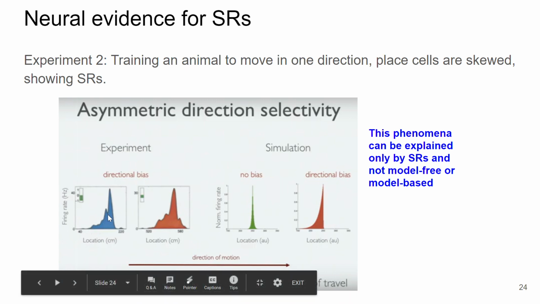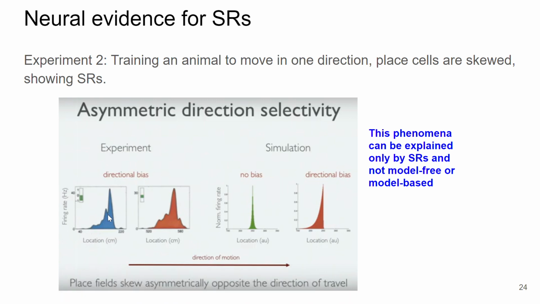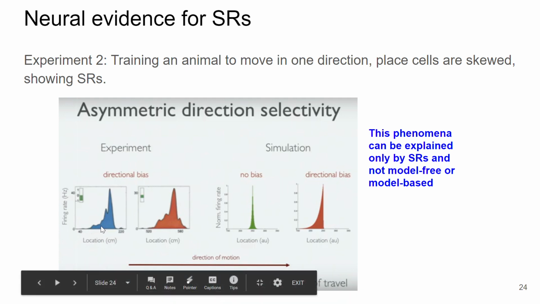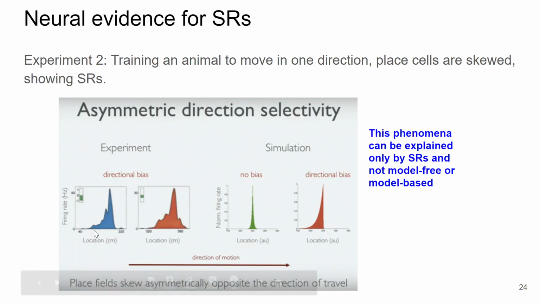So this data explains successor representations more than a model-based system. If you were doing a model-based system and just encoding the place cells, you would see a symmetric curve here, as we've discussed before. But you see this leftward skewing, which means that it might be doing successor representation.